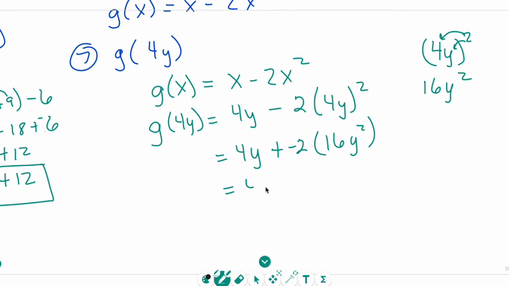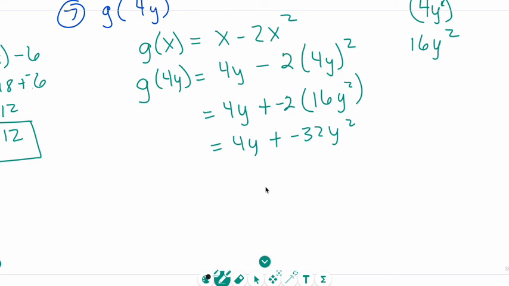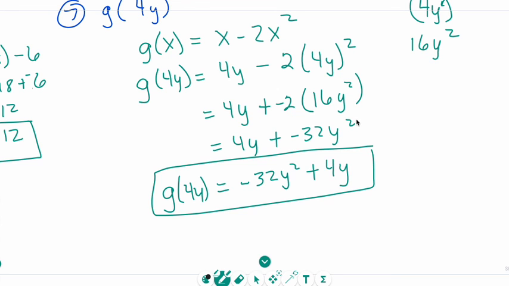So I'm going to do 4y plus negative 32y squared. Now, when I have two variables with exponents, the largest exponent term is going to be written first. Negative 32y squared plus 4y is the value of the function when x is 4y. And now you know how to work with functions.